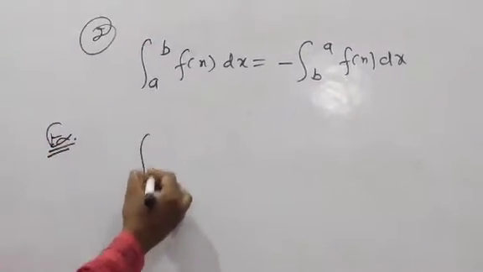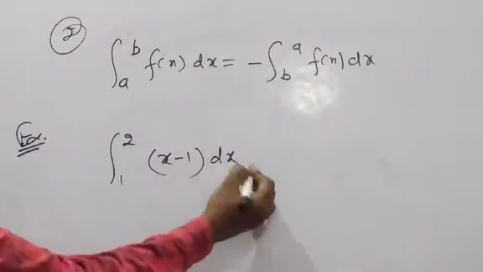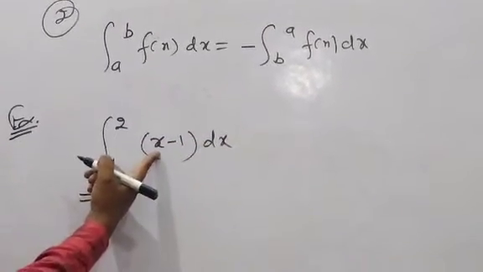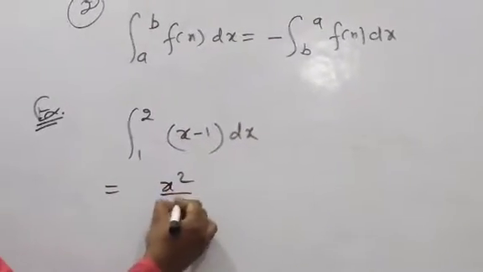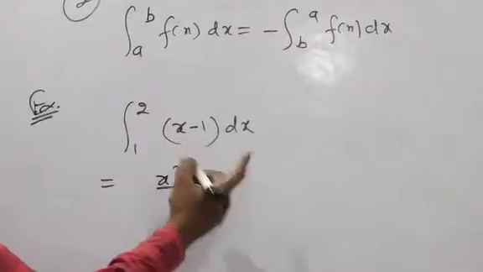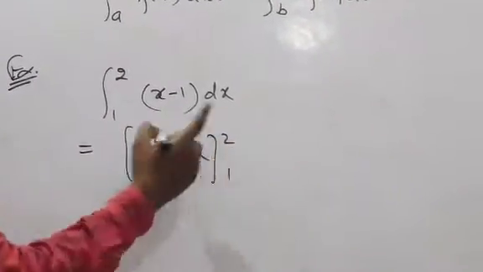Example: suppose integral 1 to 2 of (x minus 1) dx. What is the integration of x? Integration of x means x square by 2, minus integration of 1 means x only, with limits 1 to 2.